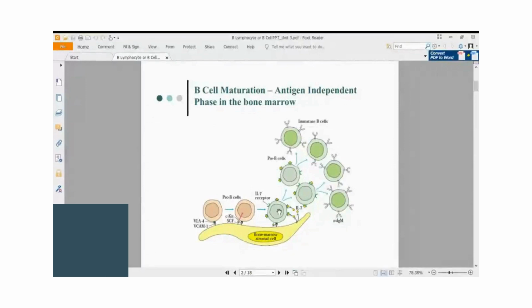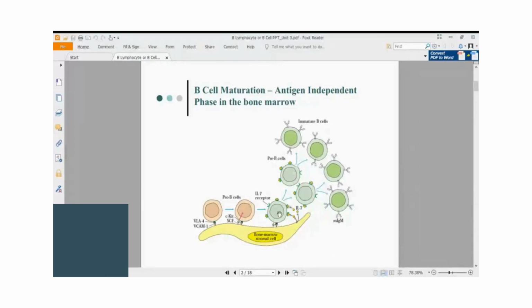Once the IL-7 receptor is expressed and it responds to the IL-7 secreted by the stromal cell, the pre-B cell loses contact with the stromal cell. The synapse that was established with c-KIT with SCF and VLA4 with VCAM is lost, and the pre-B cell becomes free.